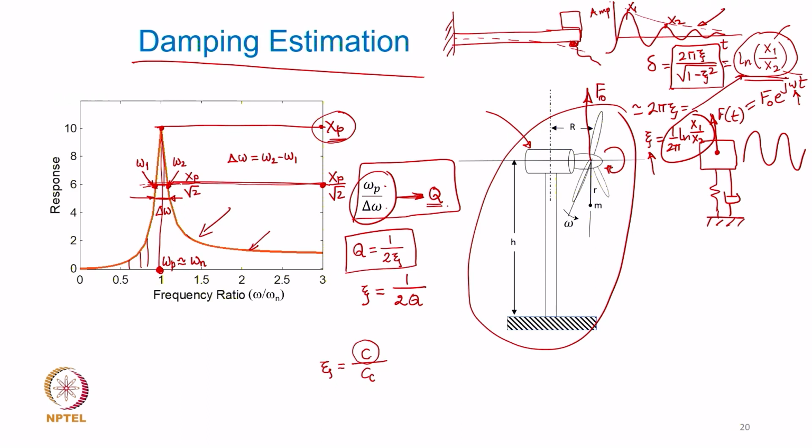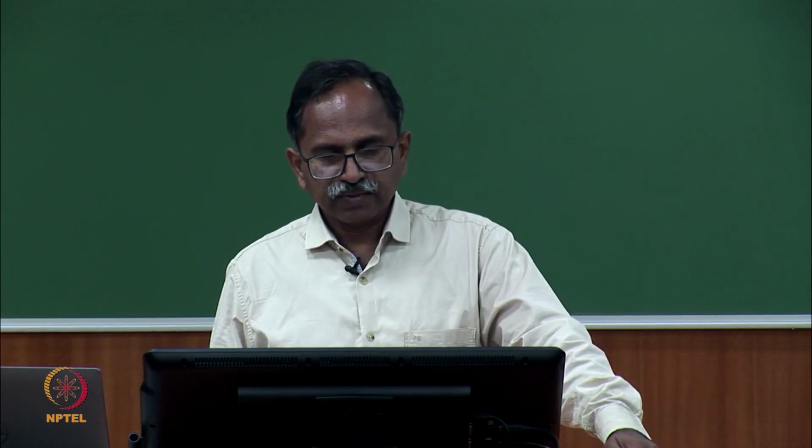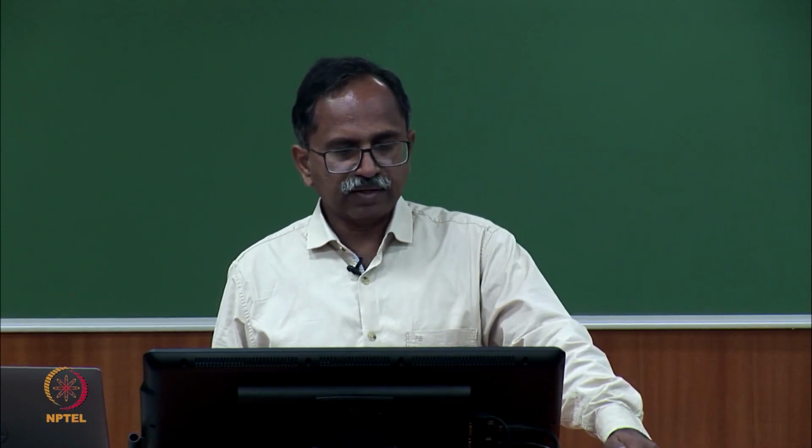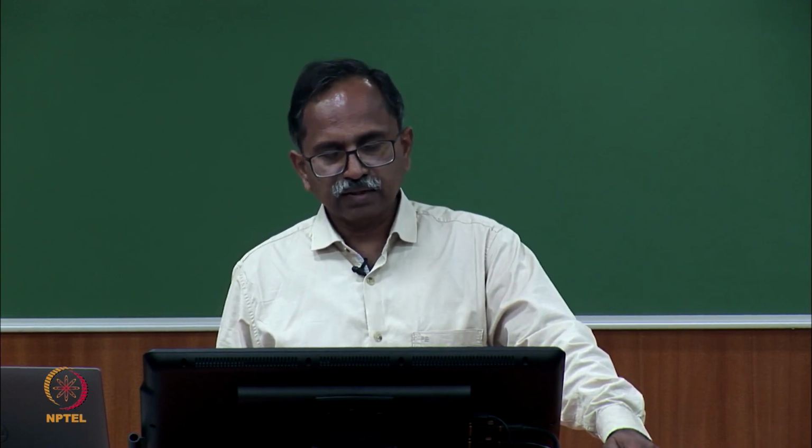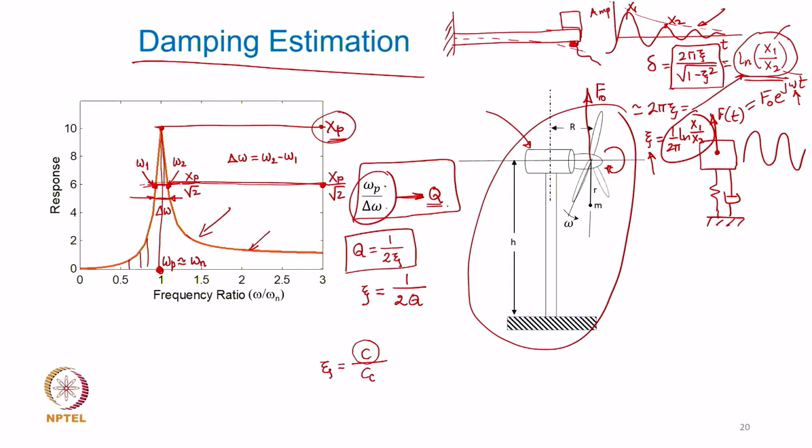So, is this clear? This is the second alternate method of finding out or estimating the damping in a practical vibratory system. The advantage here is that you can run that vibratory system at different frequencies, and mostly because they are run by an external controllable excitation source, you can actually run them at different speeds and get that response curve.